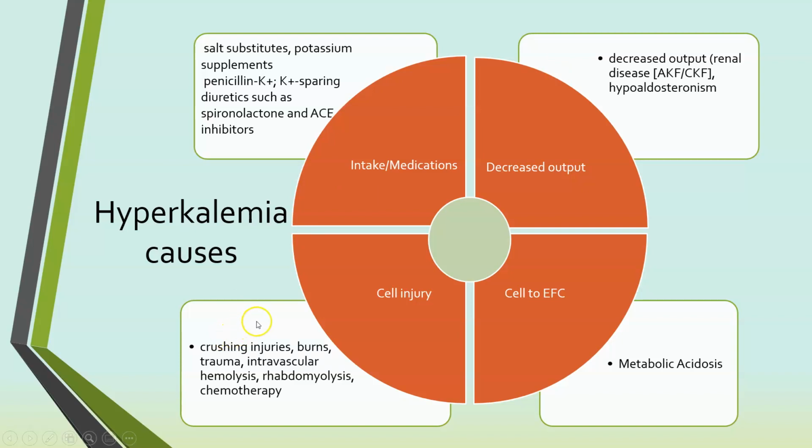When there is cell injury like crushing injuries, burns, trauma, intravascular hemolysis, or rhabdomyolysis, and chemotherapy, that will actually push potassium from inside the cells to the extracellular space. Also, metabolic acidosis will shift potassium from the cells to the extracellular fluid.